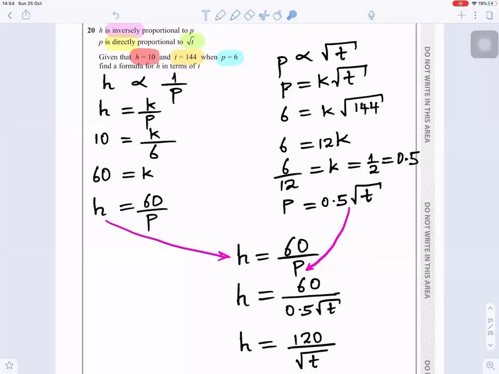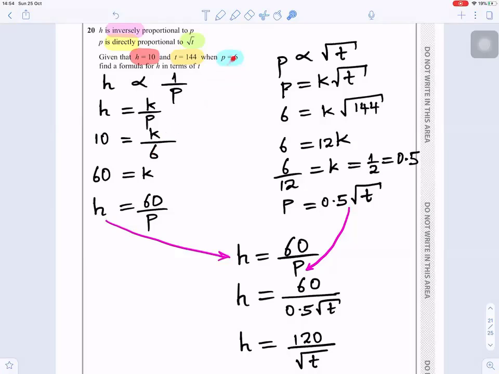So let's start with the first one at the top. H is inversely proportional to P. That's how you write it: H is inversely proportional to P, 1 over P. Replace the proportional sign with equals and K. So H equals K divided by P. Sub in the numbers. When H is 10, P is 6.